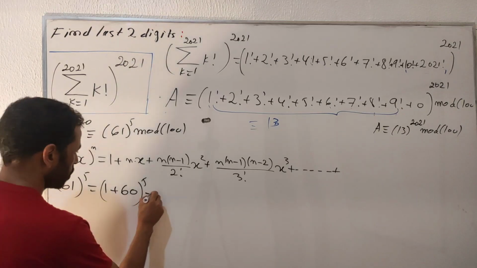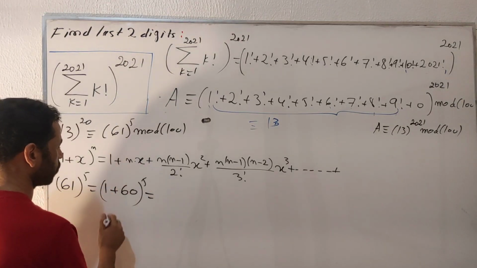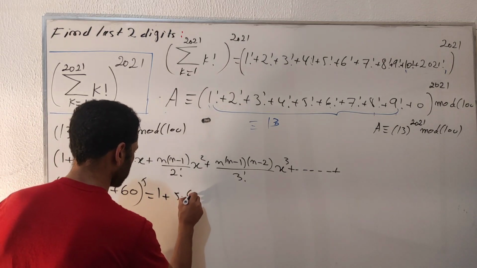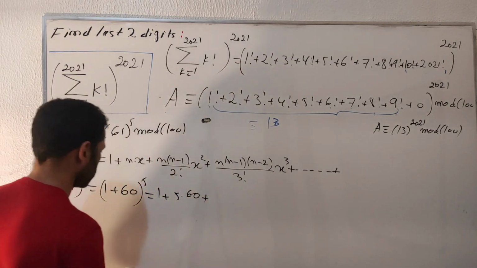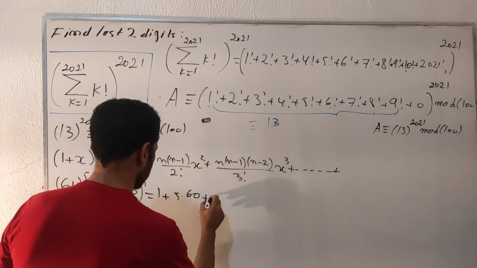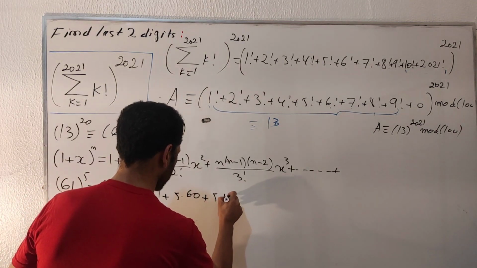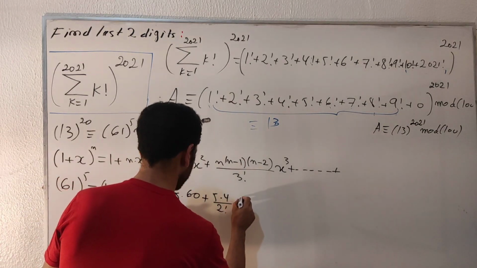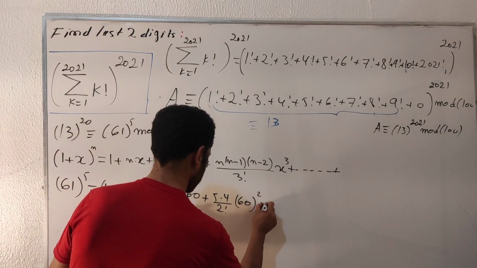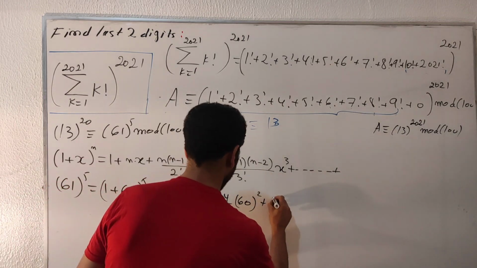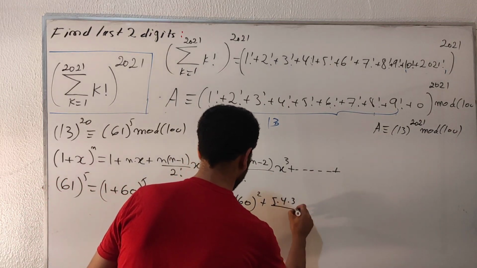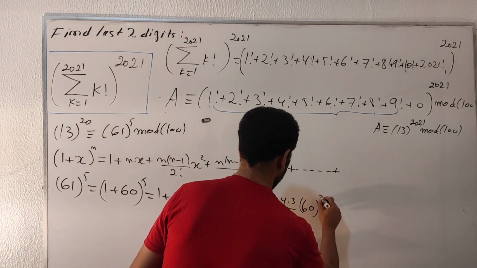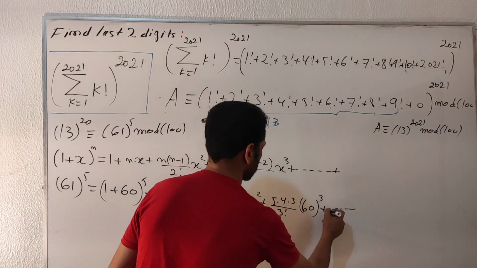Using this formula of the binomial expansion, I get 1 plus 5 multiplied by 60, plus 5 multiplied by 4 over 2 factorial multiplied by 60 squared, plus 5 multiplied by 4 multiplied by 3 over 3 factorial, 60 cubed, and this goes all the way down.